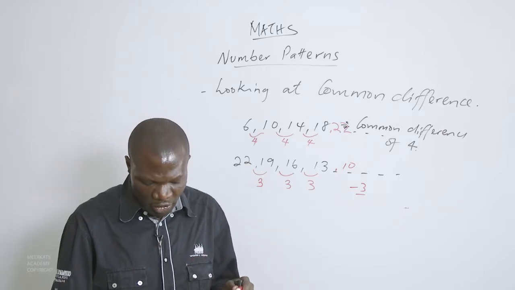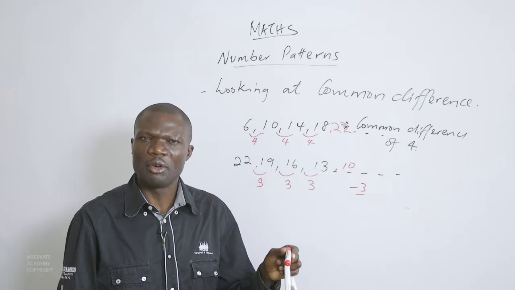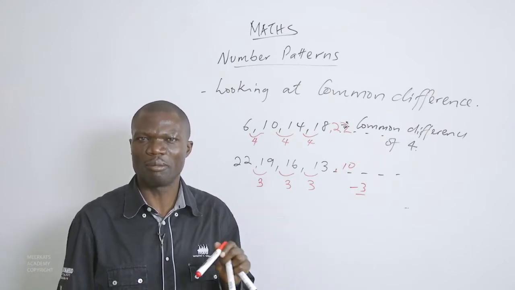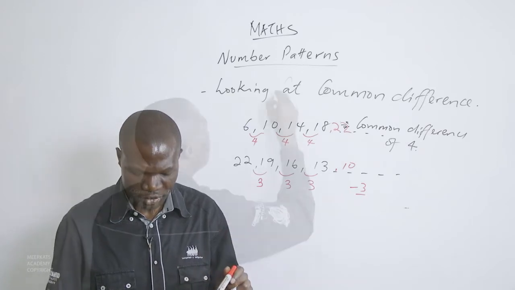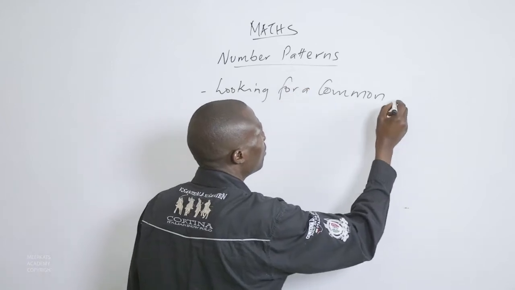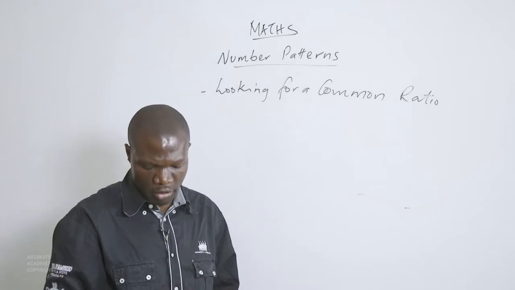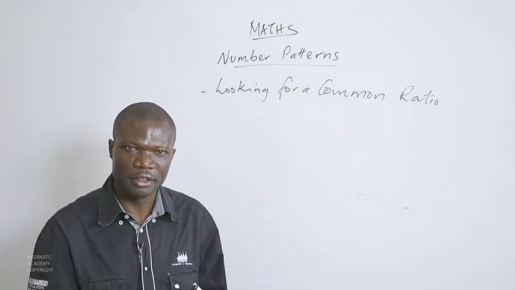We may also strategize to know the behavior of a sequence of numbers using what we call the common ratio. Looking for a common ratio.